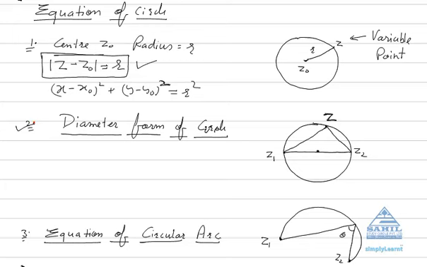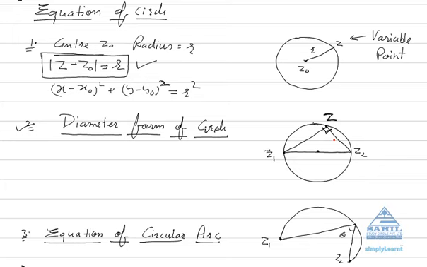Now if there are two points, the extremities of the diameter, given as z1 and z2, then we have to find the equation of the circle, and this angle will always be 90 degrees. Then you can apply the Pythagoras theorem.